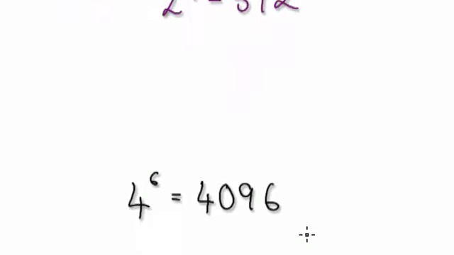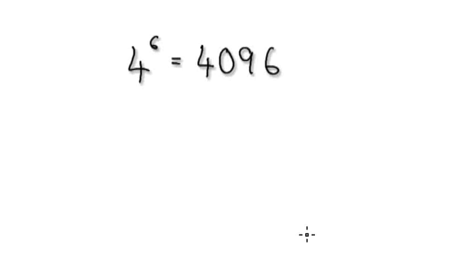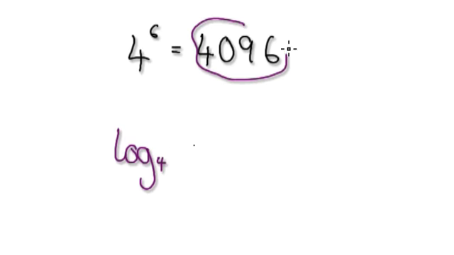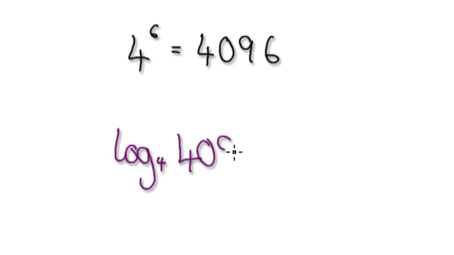Okay, next one here. Now translate this backwards, translate it to log something, something, and something. Press pause and have a go. Here, identify the base straight away. The base here is 4, so it will be log base 4 of the answer, 140, equals 6.